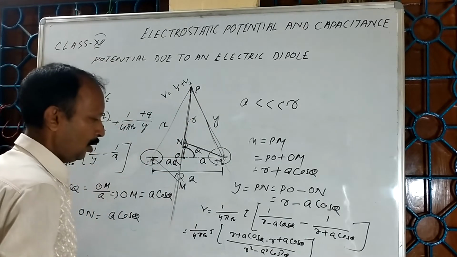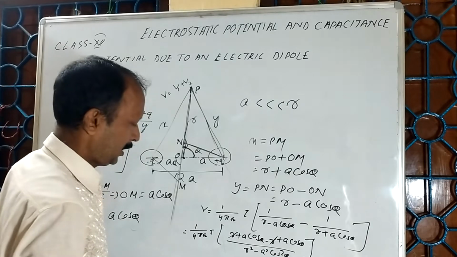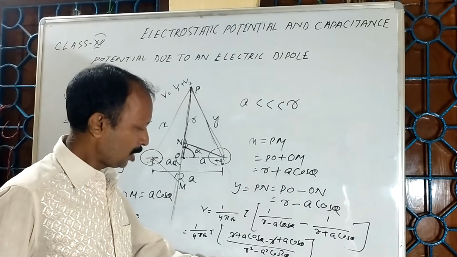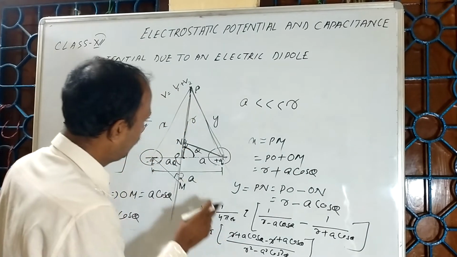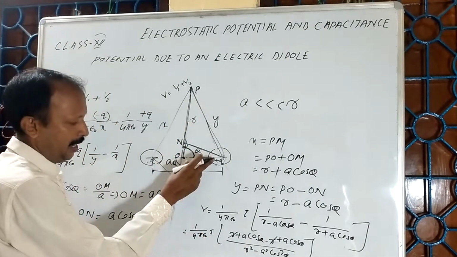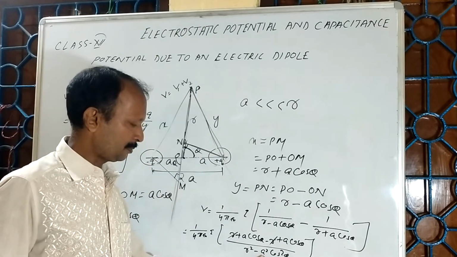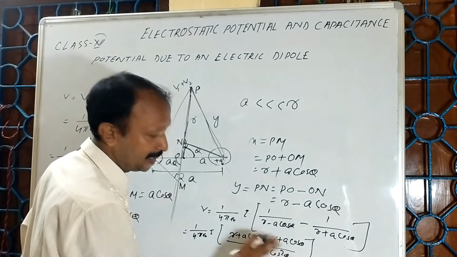In this case, plus r and minus r cancel, and this A square cos square theta is subtracted from r square. Listen carefully, here A is very small, so whenever I am subtracting very small things, I can neglect this term.